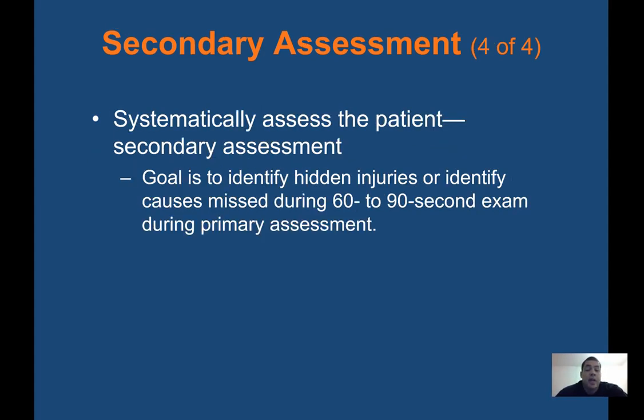Systematically assess the patient, secondary assessment. The goal is to identify hidden injuries or identify causes missed during the 60 to 90 second exam during primary assessment. So this is exactly why you always do a secondary assessment and a reassessment, because you'll have distracting injuries.